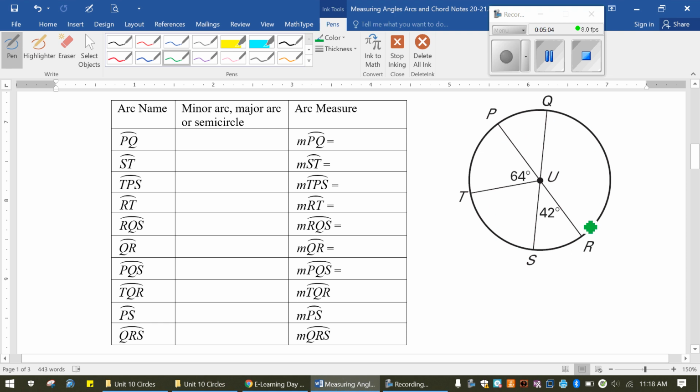So these three angles together should add to 180. If I take 180 degrees and subtract 64 and subtract 42, I'm going to get a 74 for the angle TUS.